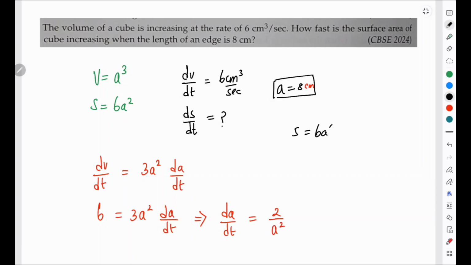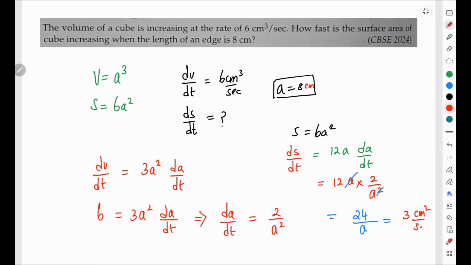S is equal to 6a square. Just differentiate: dS by dt is equal to 12a da by dt. Now you just substitute here: 12a into 2 divided by a square. Just cancel this. So what do you get? 24 by a. So what is the value of a? a value is 8. So you get 3 centimeter square per second, right?